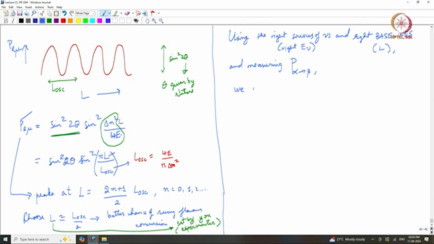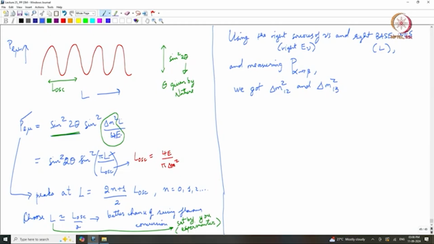We got delta m squared between the first and the second mass eigenstate, but also delta m squared between the first and the third mass eigenstate, okay? And what did we get?